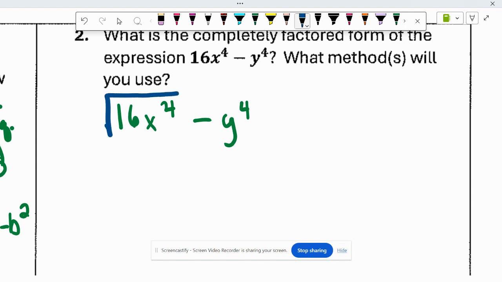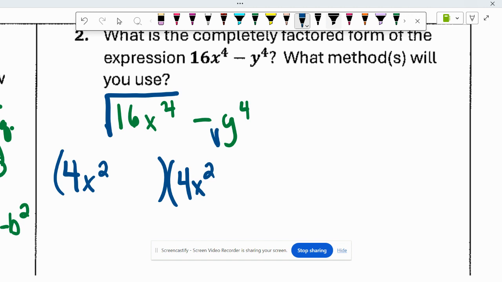What is the square root of 16? 4. And what is the square root of x to the 4th? X squared. So I'm going to rewrite that, 4x squared. Then I have to figure out the square root of y to the 4th.